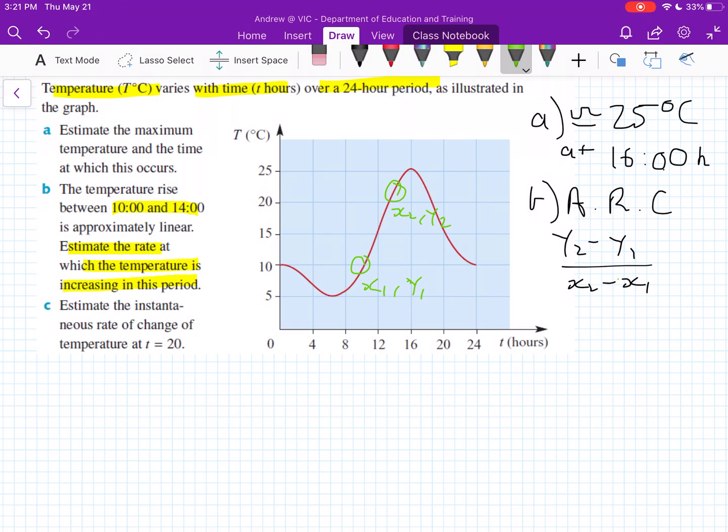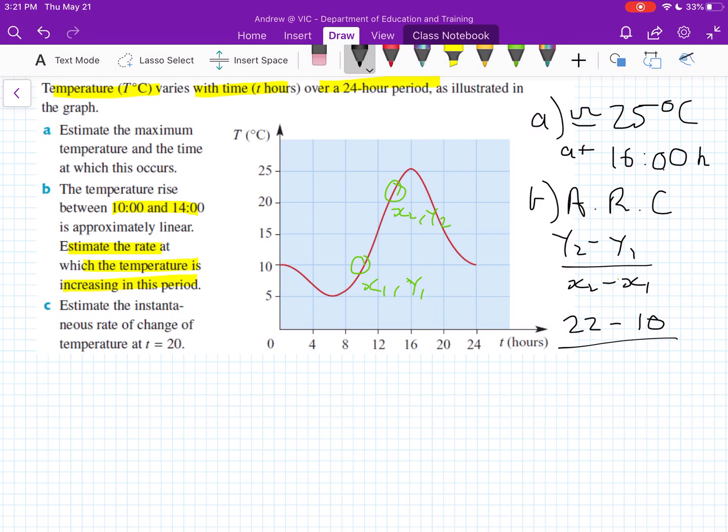So with this, we just need to write down our values, which are estimates. Firstly, our y2 will be around 22 degrees Celsius, as it's slightly above 20, but probably not halfway up to 25. So that's about 22. Our y1, that's about 10.